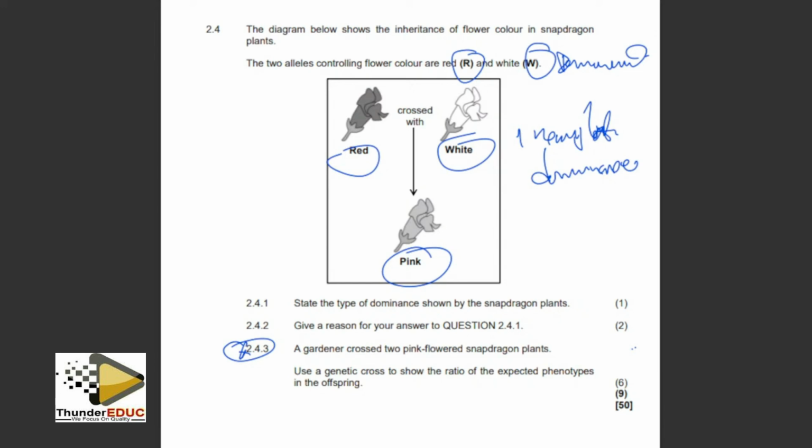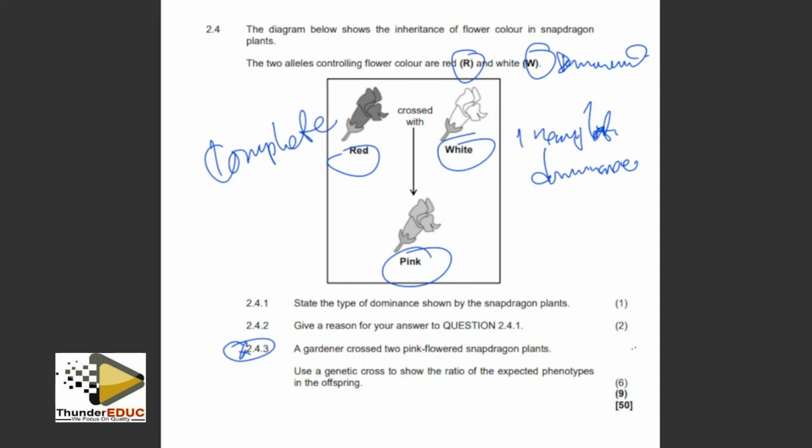Incomplete dominancy. The question is here: state the type of dominancy shown in the Snapdragon plant. Here it is incomplete dominancy. Give a reason for your answer: because a third phenotype is given, or an intermediate is given. Now, if it was complete, I would have red and white either produce red or white, depending on which one is dominant.